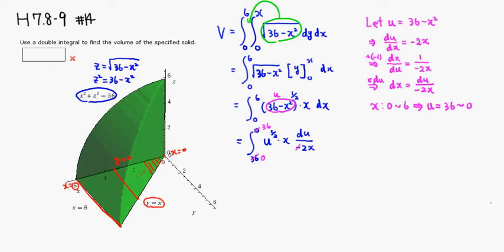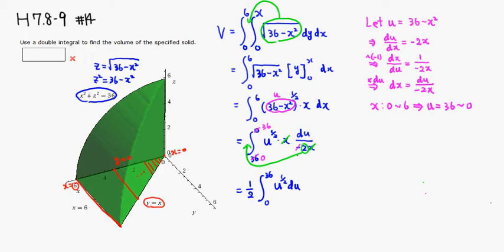Then we can place the 1/2 outside, just a constant. Then you have an integral from 0 to 36. Those x's cancel out, so you don't even have that. Then you have just u to the 1/2 power du.